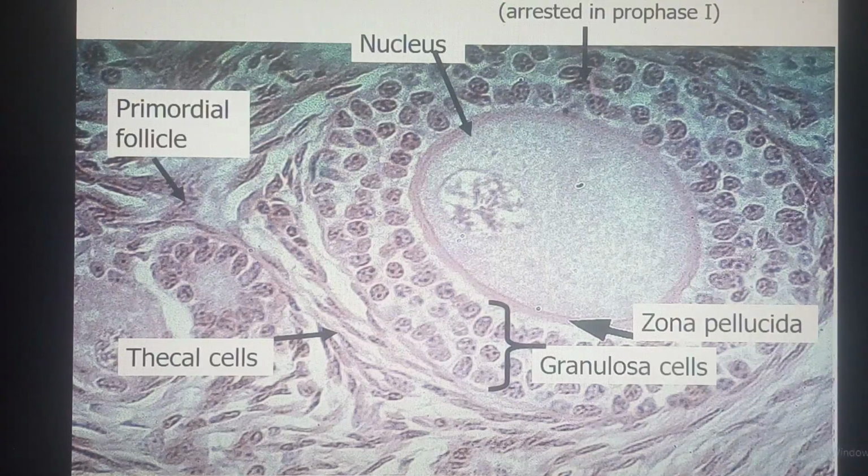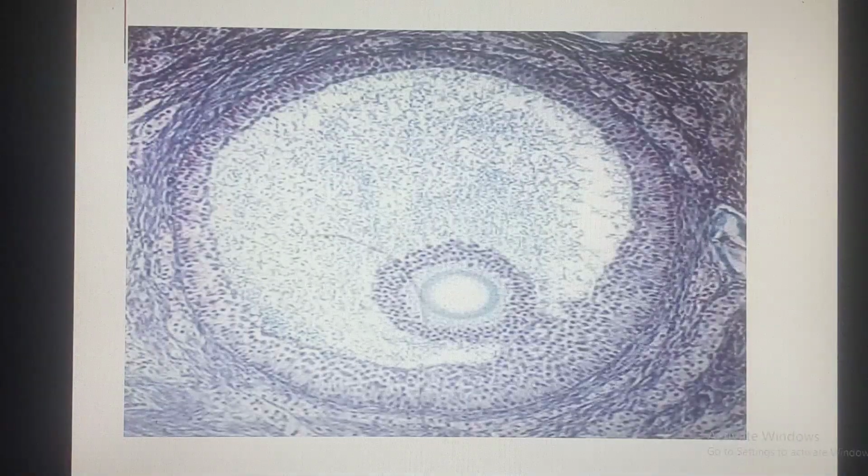The theca externa, which are spindle shaped, have a smooth muscle-like appearance. I think they will be contractile, but they don't have steroid producing properties. So that is what we have over here.